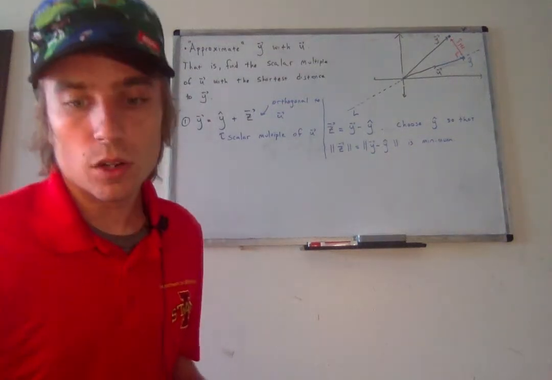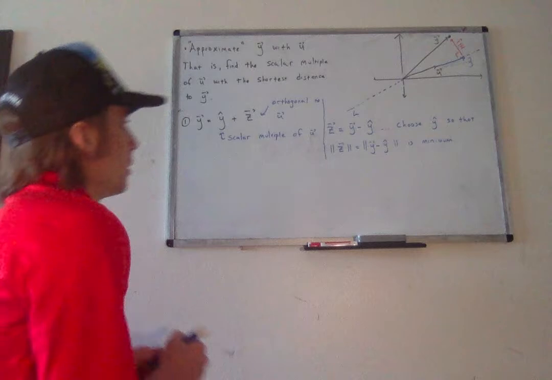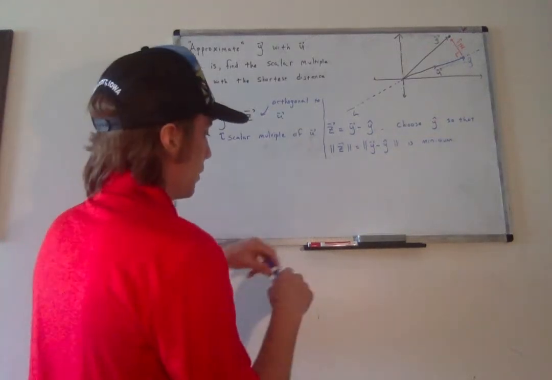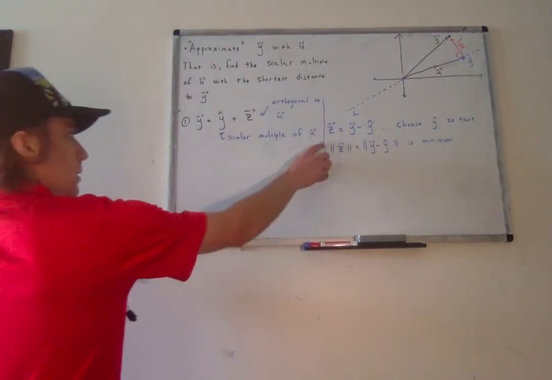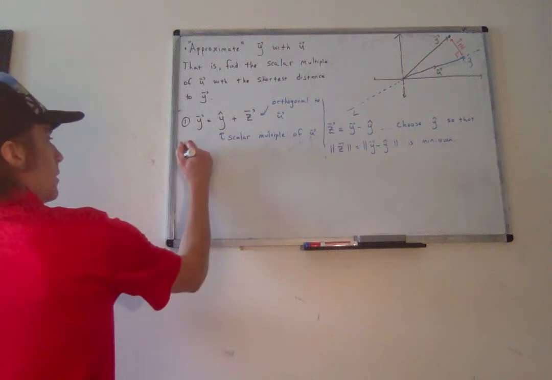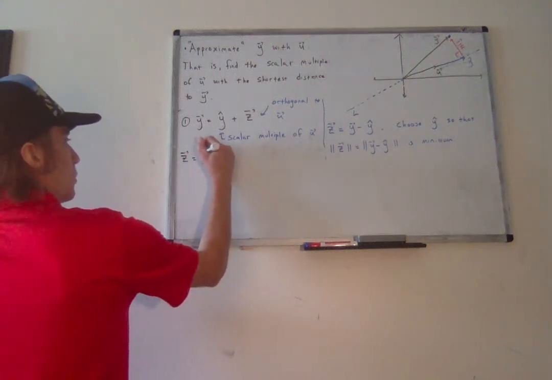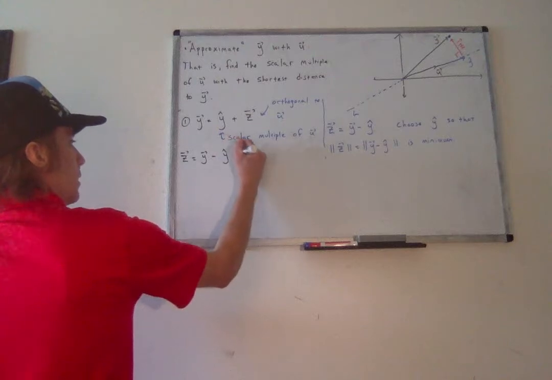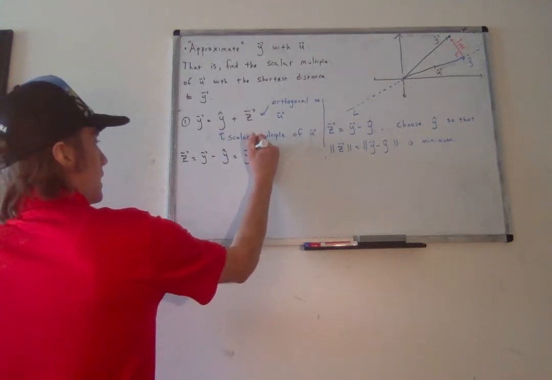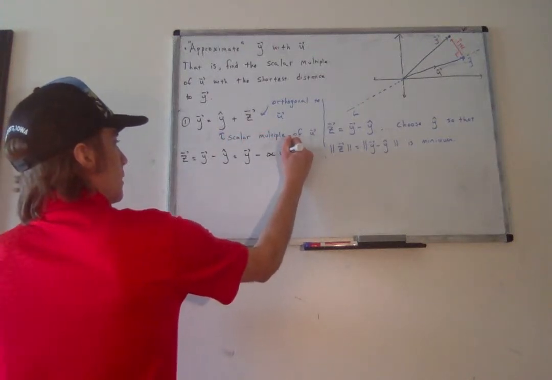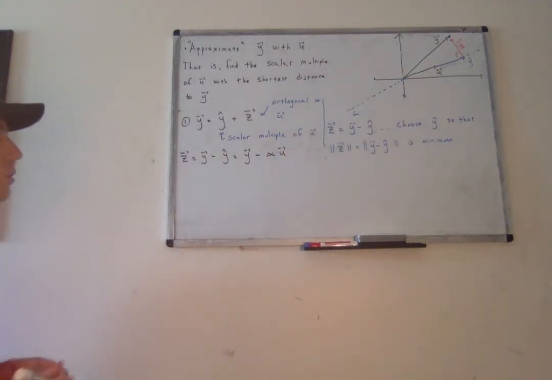So how are we going to do that? Well, remember that z is equal to y minus y hat, and that y hat is a scalar multiple of u, which we'll call alpha times u.